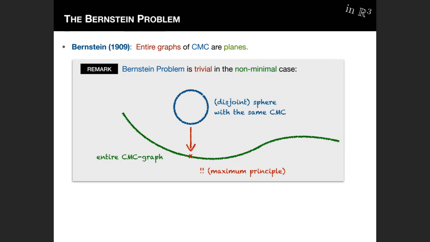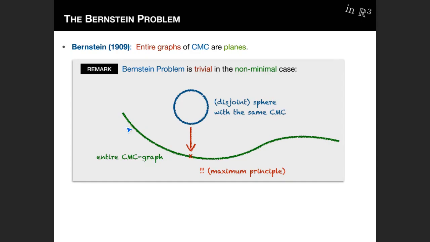The proof in the non-minimal case goes as follows. It's just an application of the maximum principle. Because if you have an entire graph of non-zero constant mean curvature, this is the green surface here in the picture, we can always take a sphere with the same mean curvature and place the sphere up enough, if we have oriented the surface with upwards normal, for example.